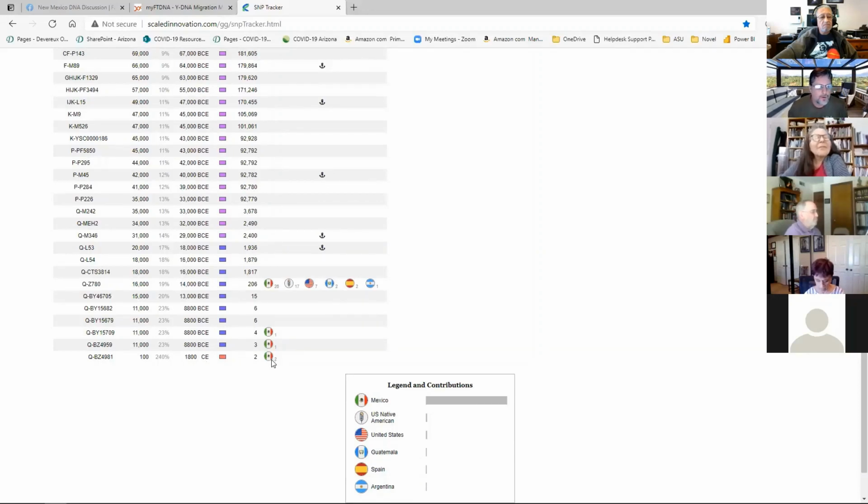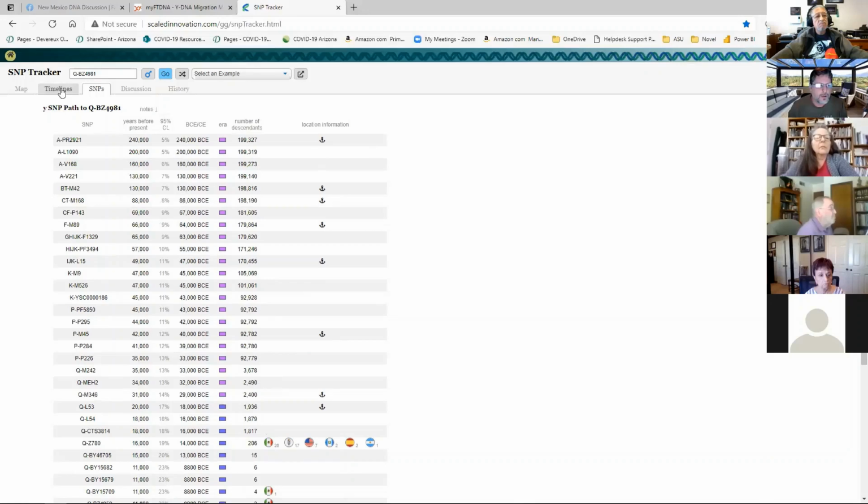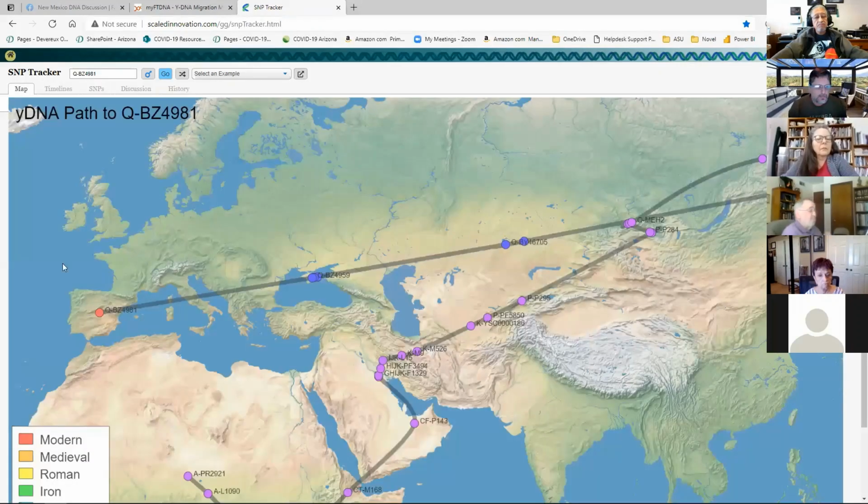So that tells me that you probably have more than one Big Y. And you can see that it's very common to Mexico. I'm going to show you how it's broken here for Q. See how it seems to go to Spain? That's wrong, right? So when you use the SNP tracker, it doesn't work for the Americas.